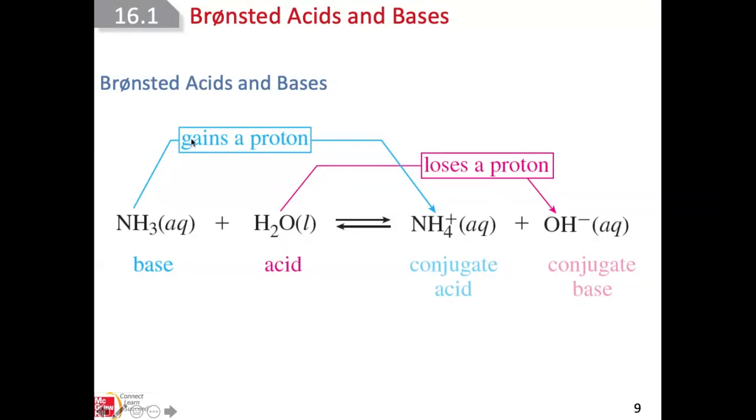This is a base because it can gain a proton and form its conjugate acid, NH4 plus. H2O here behaves as a proton donor, behaves as an acid. After it donates H plus, it will form OH minus or conjugate base.